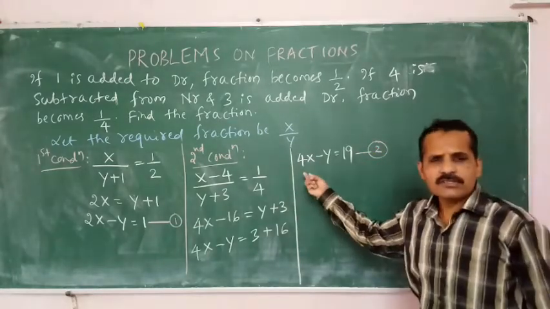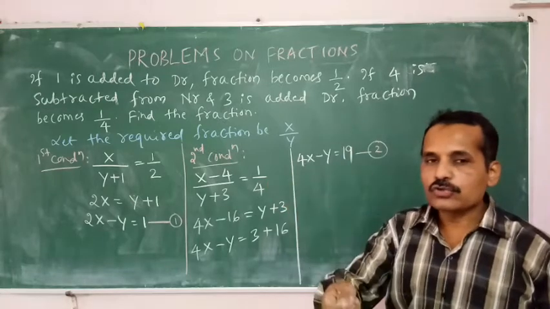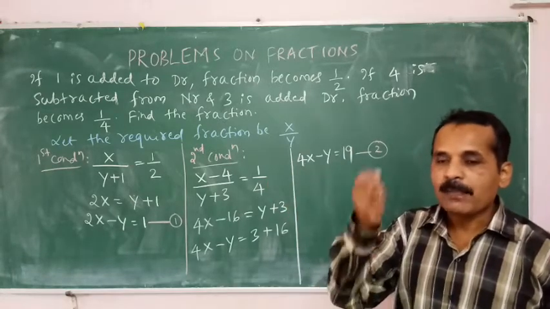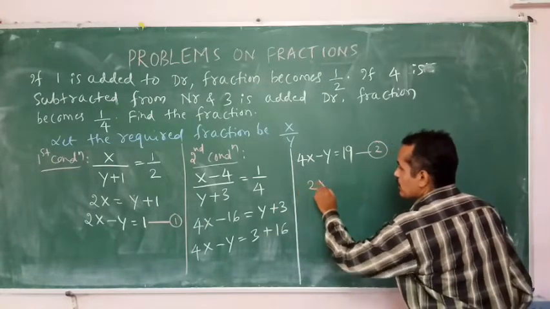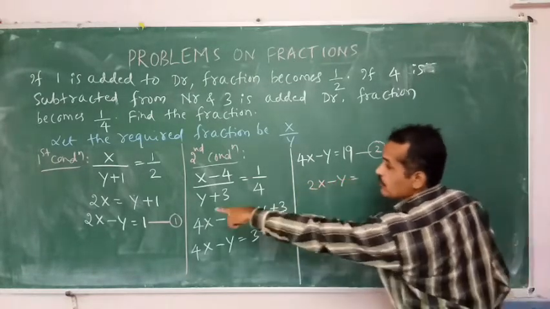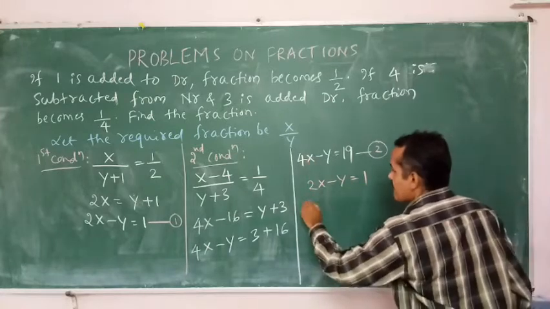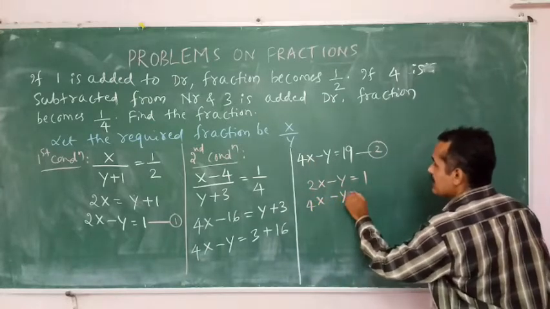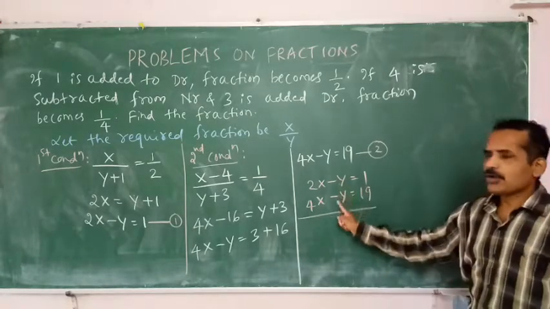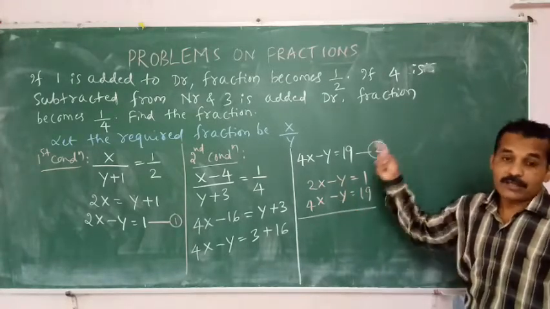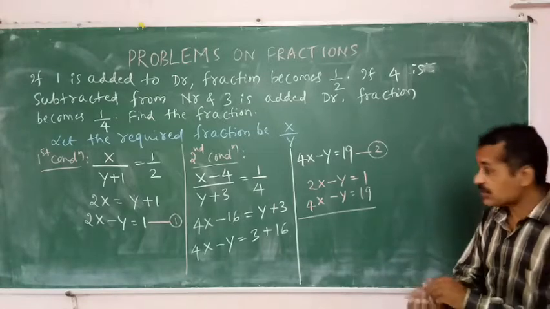I got the two equations. Now my work is to solve those two equations by the elimination method. The equations are 2x minus y is equal to 1 and 4x minus y is equal to 19. No need to multiply here because both have y, but they are in the same sign, so the sign has to be changed.